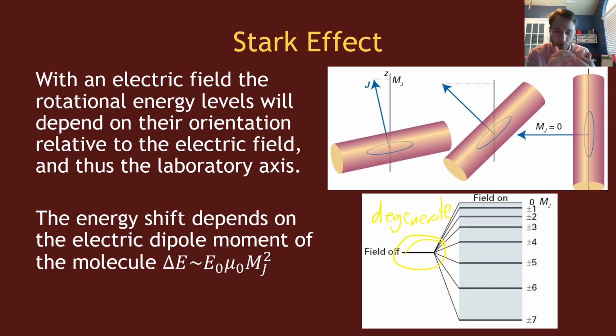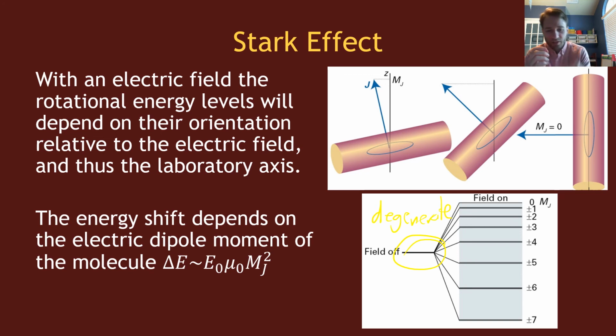Again, we're assuming the molecule is polar, because otherwise it doesn't have a rotational spectrum. And so that molecule then has a bunch of different states that are now available to it.